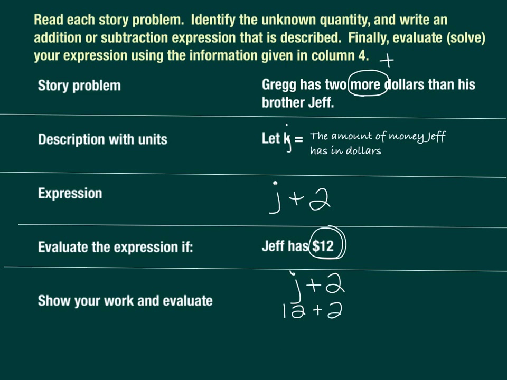Now I simply evaluate or solve this expression. 12 plus 2 is simply 14. So I will type a sentence that Greg has $14. And that would be our answer for that problem.